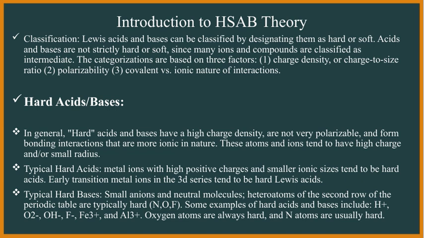Notably, oxygen atoms are always considered hard, and nitrogen atoms usually fall into this category as well. So, understanding these distinctions helps us predict how different acids and bases will interact, which is a key part of mastering HSAB theory and applying it effectively in chemistry.